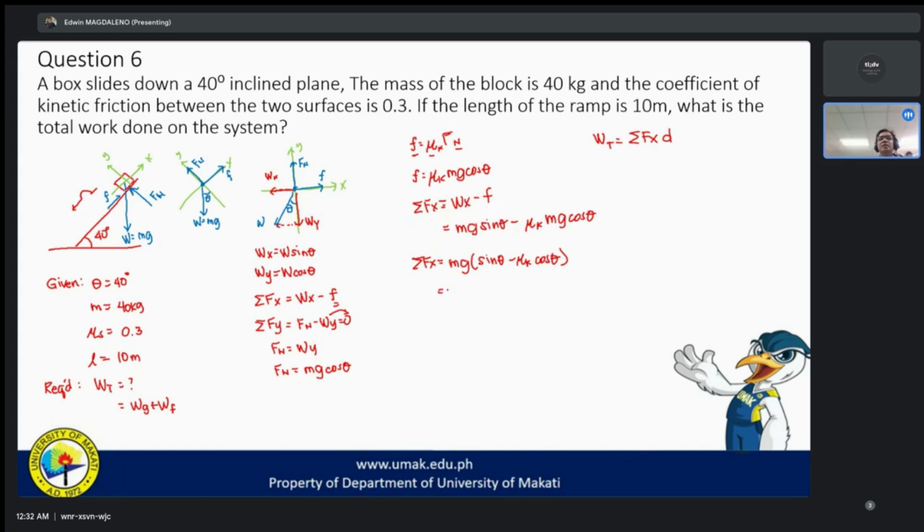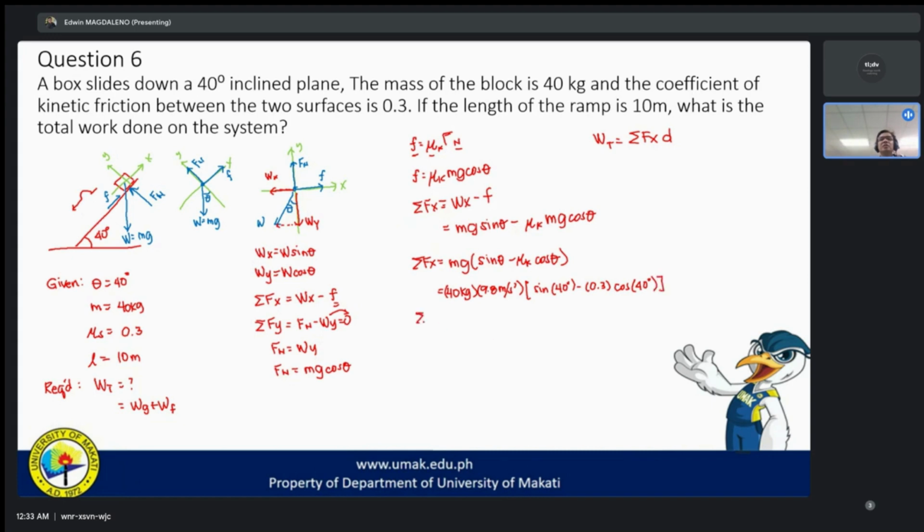Mass is 40 kilograms times gravity, which is 9.8 meters per second squared, times the sine of theta, which is 40 degrees, minus mu k, which is 0.3, times the cosine of 40 degrees.